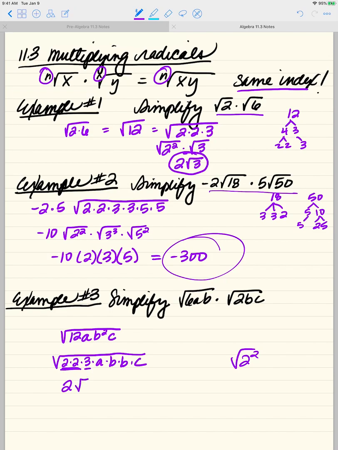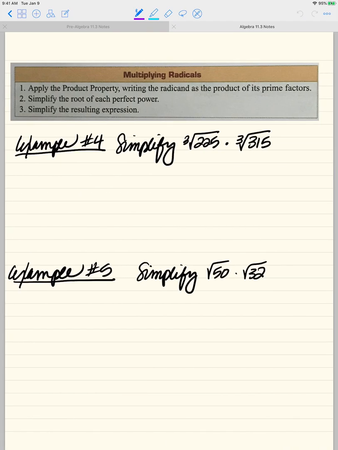Square root of 3, square root of a, square root of b squared is just going to be b, square root of c. So outside of the radical, we have 2b times the square root of 3ac under the radical. And we're all done simplifying that guy.